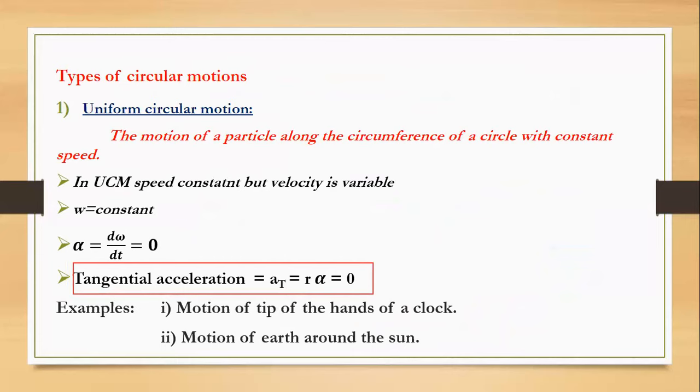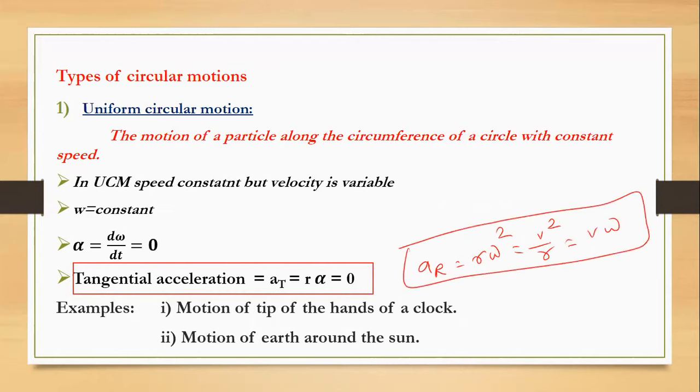But the particle has a radial acceleration, given by r omega square, v square by r, or v omega. In UCM, the particle has a radial acceleration. Tangential acceleration is 0. That you have to remember.